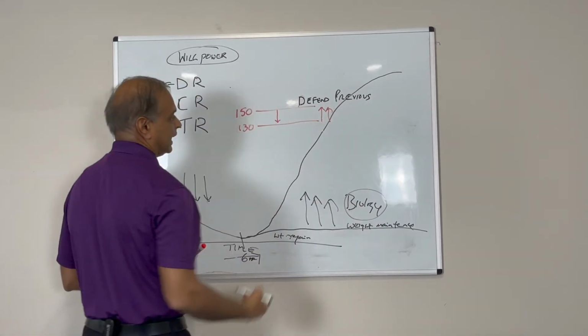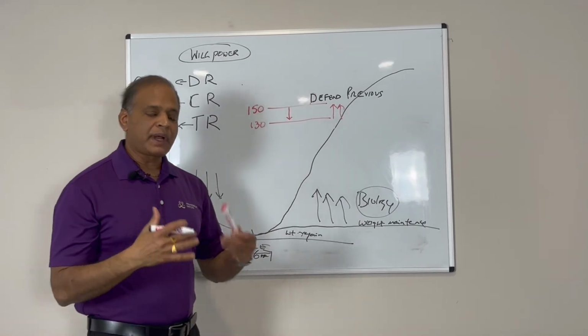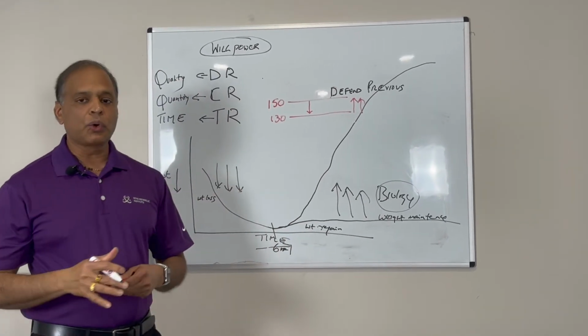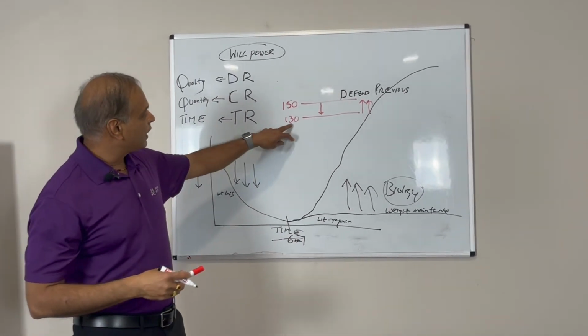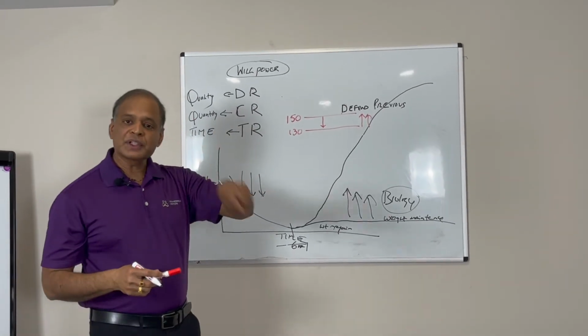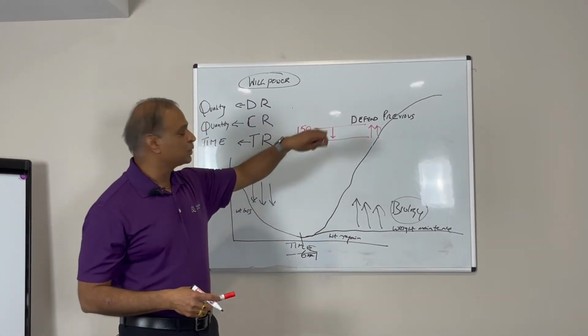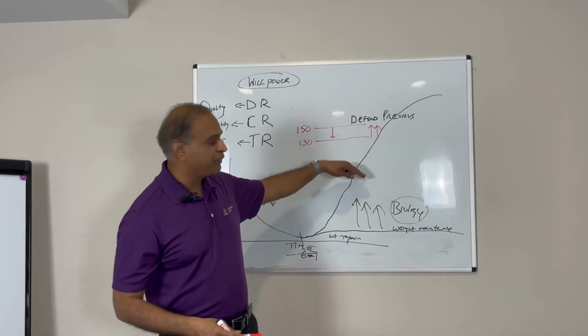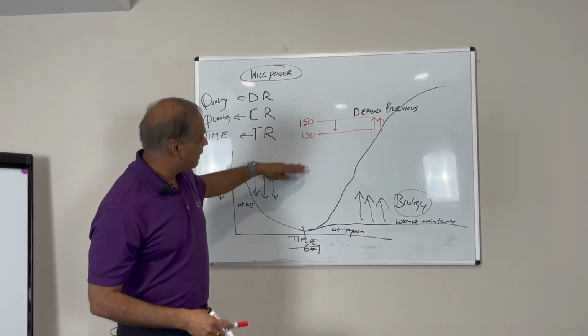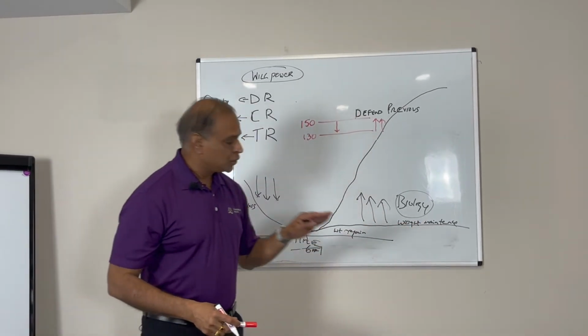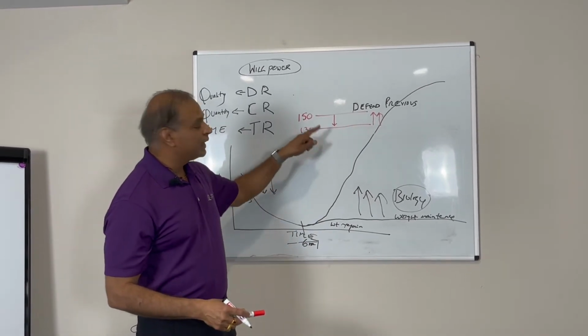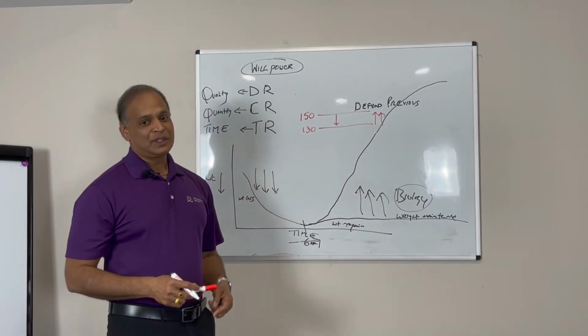So when people try to lose weight, what is their first goal? It's not about coming to 130. Their first goal is not going back to 150, because the body is trying to defend the previous weight. So maintaining at 130 is your goal, or not going back to 150 is your goal. That's the difference.